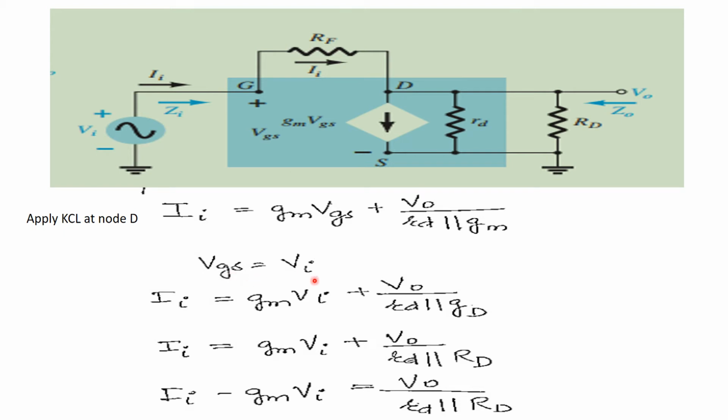VGS is equal to Vi. So substitute VGS equal to Vi in the equation and collect all the common terms.